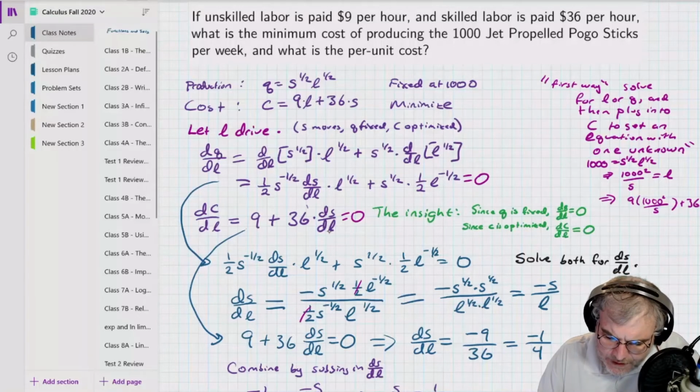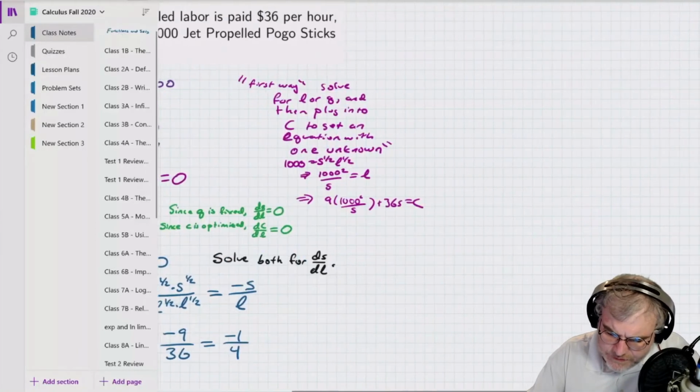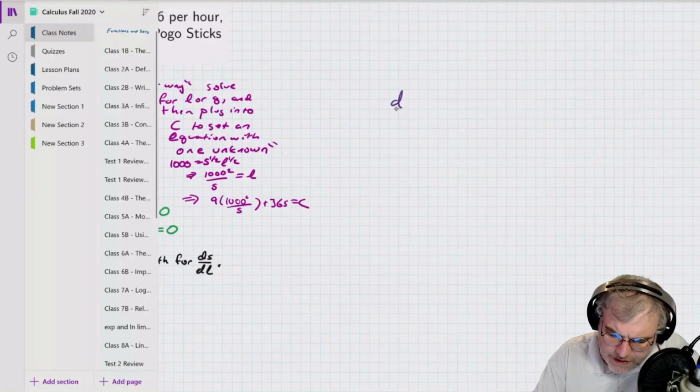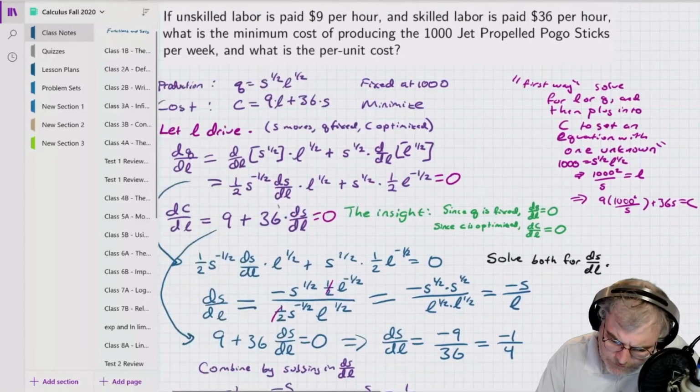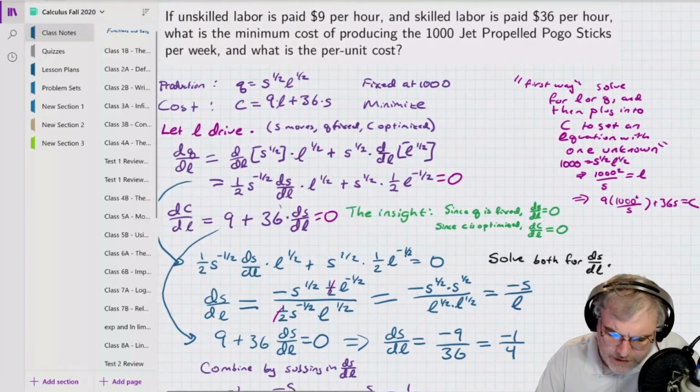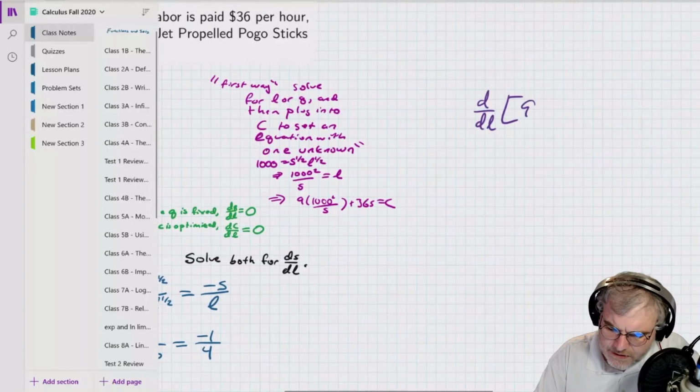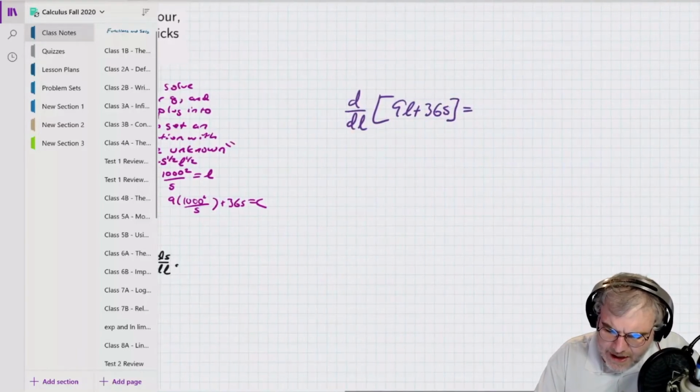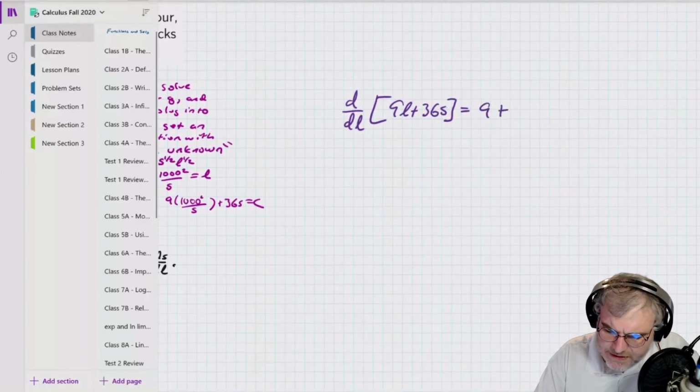The derivative with respect to S from the chain rule here, I wind up with, right, so if I wanted to work this out, let me just do it here. So the derivative with respect to L of the cost equation was 9L plus 36S. Right, and then I'm going to get 9, that's that bit, plus d over dl of 36S.